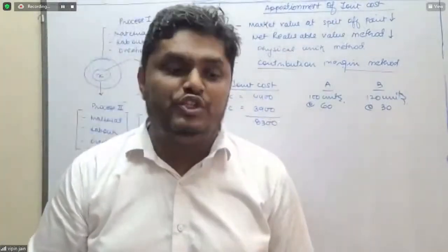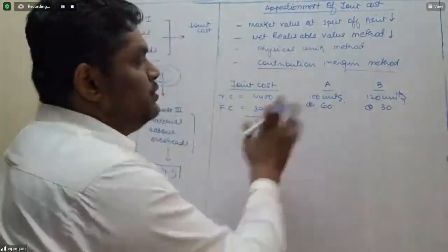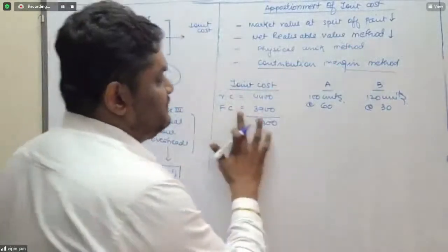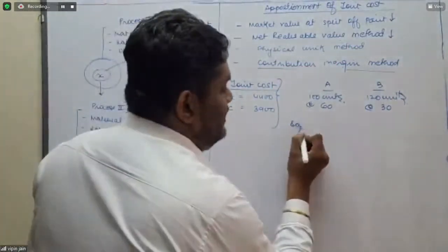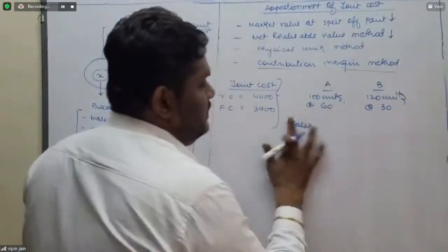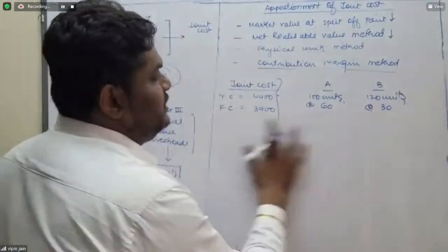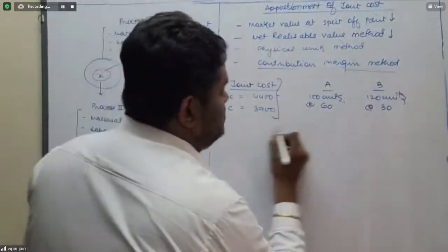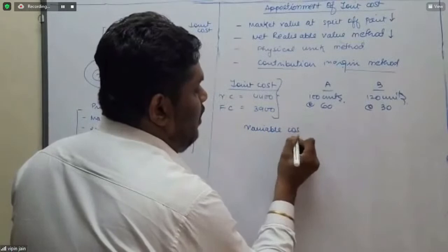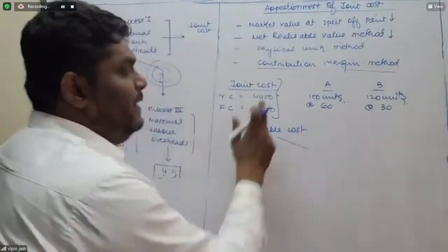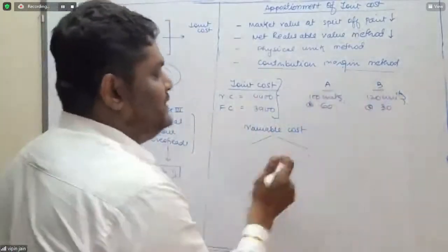Now we have to apportion the joint cost, guys, using the contribution margin method. We'll first apportion the variable cost. As I told you, variable cost will be apportioned in the ratio of physical units.